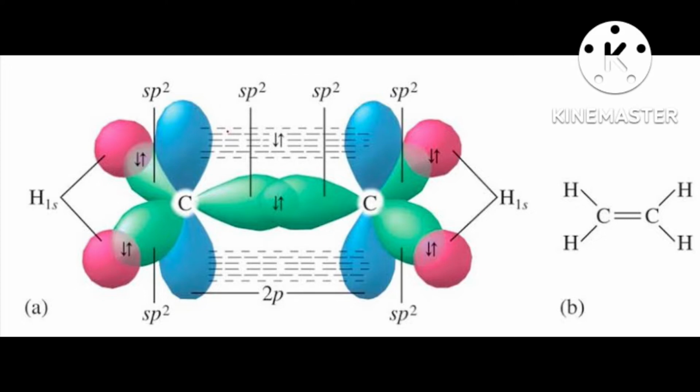This description does not fit in with the tetrahedral shape, which means HCH angles of 109.5 degrees. According to what I have told you, it should not be 109.5 degrees.